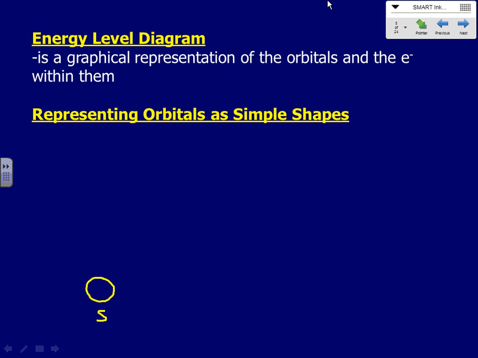When we draw electrons in an energy level diagram, it looks like this. An arrow up with half an arrowhead represents an electron with spin up, plus 1/2. An arrow down represents the second electron.